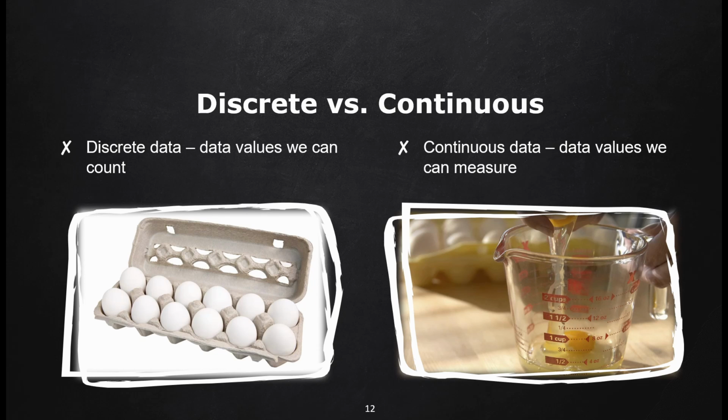Now, just imagine for a moment that you're reading the recipe, but it calls for 1/4 of a cup of egg. How in the world are you going to obtain that 1/4 cup of egg? You would have to use some kind of measuring tool, right? In this case, a measuring cup.